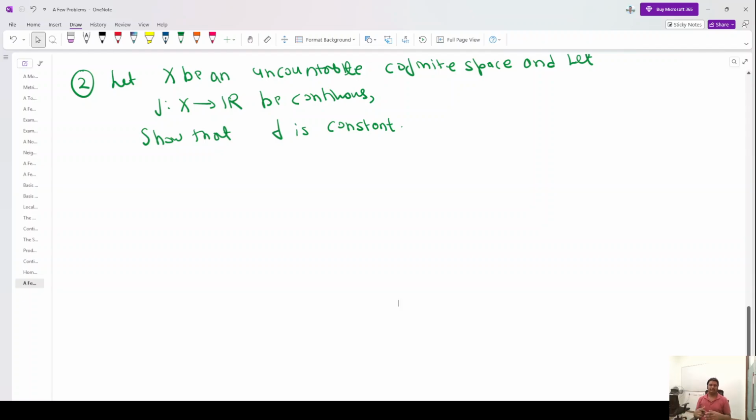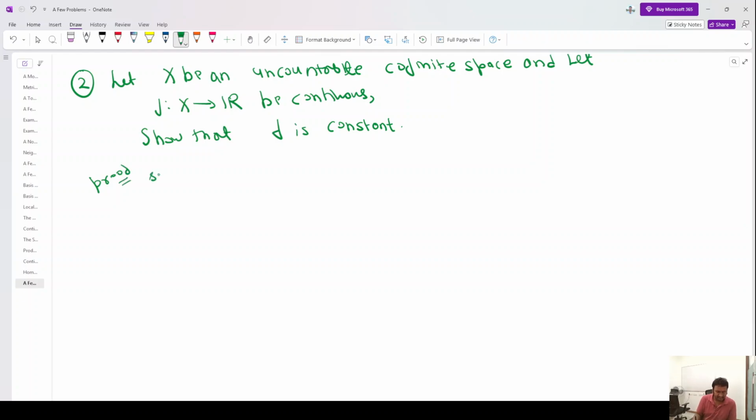If you try to think in terms of constructing examples, you can definitely check, say, is f(x) equal to x? Is that continuous? Check it. Because if it is continuous, according to this, it has to be constant. But in general, how to prove such things? We usually proceed by proof by contradiction.